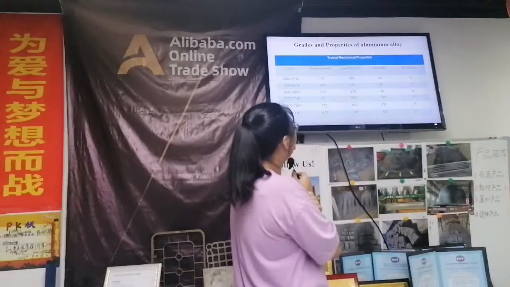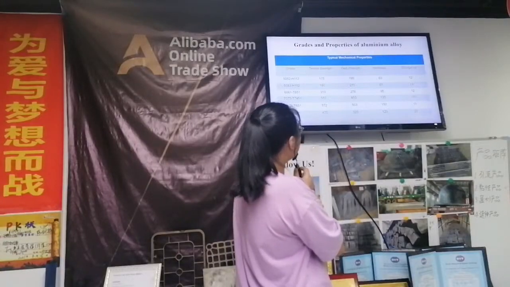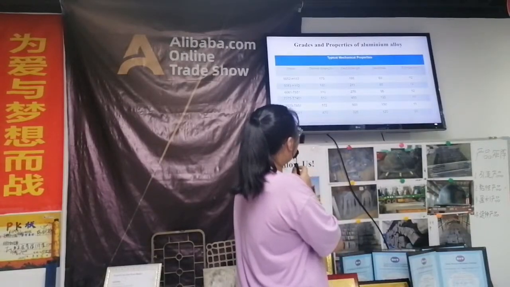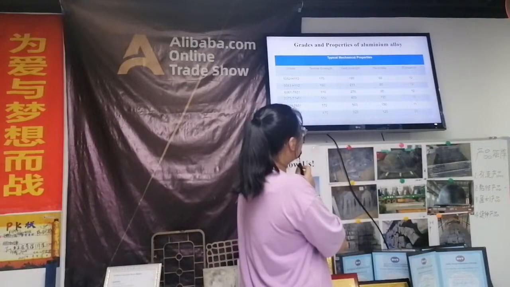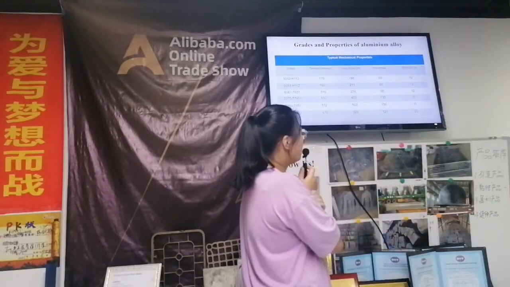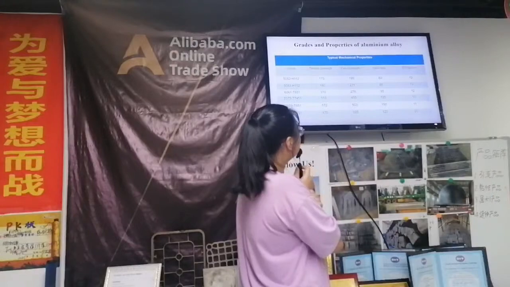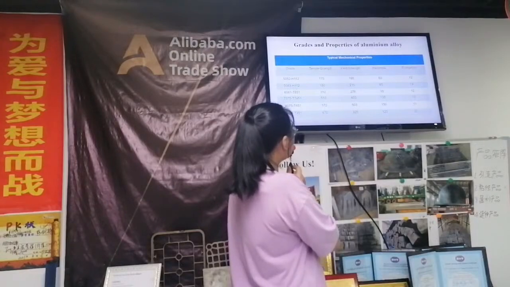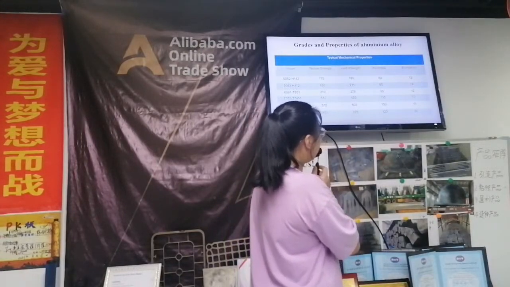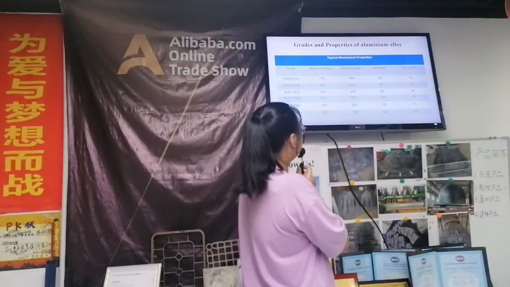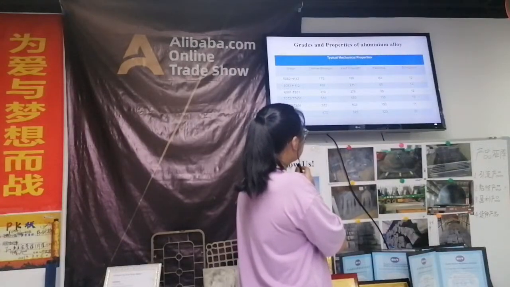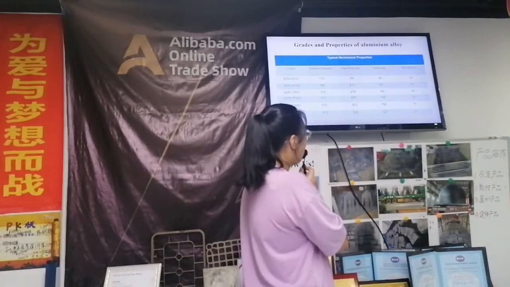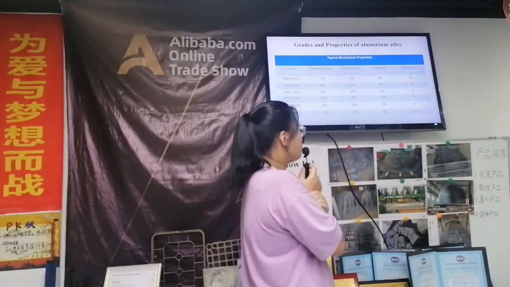You can see the 5052 H112, the hardness is 60 HRC. 4661, the hardness is 19.5 HRC. 4075, the hardness is 150 HRC.